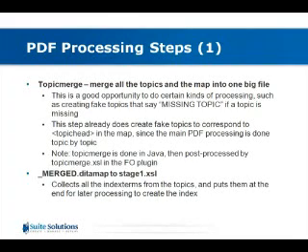This step is just collecting all the pieces to get ready to create the index. It's very unlikely that you'd want to make any changes there, except that unfortunately the index processing is still somewhat buggy, so there's definitely room for improvement here, but it's not something you're likely to want to customize. So that is the second step in PDF processing.